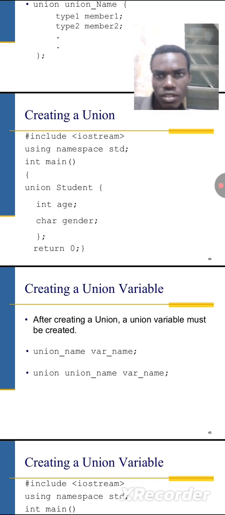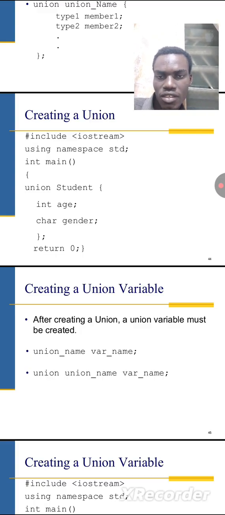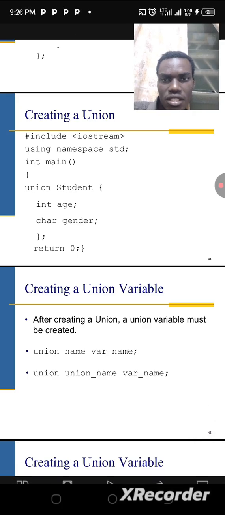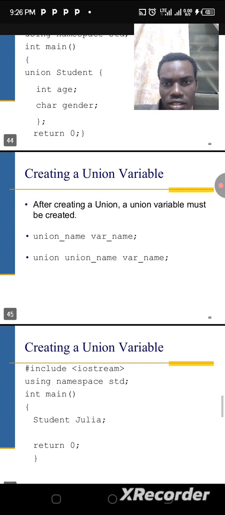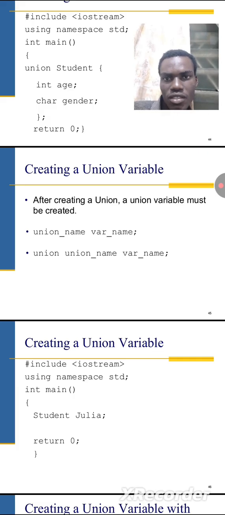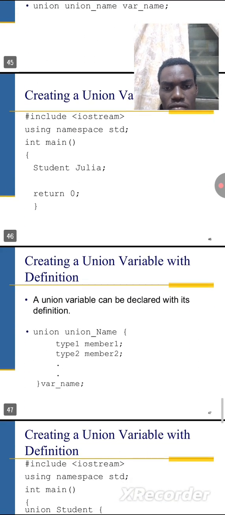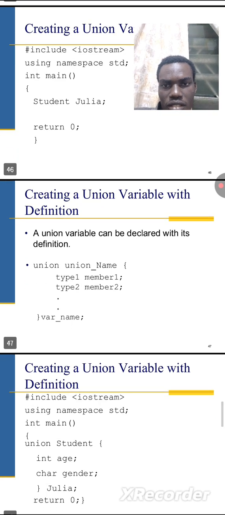If you want to create, you have to have union student, integer age, the character race, gender, and then you have to have the union name and the variable name. So let's add some examples.